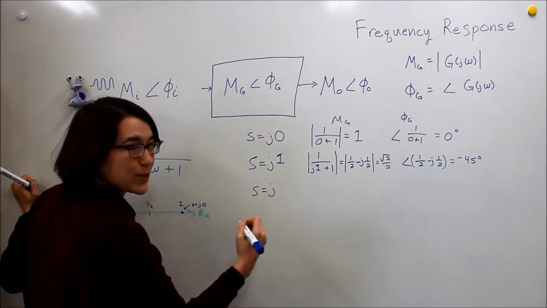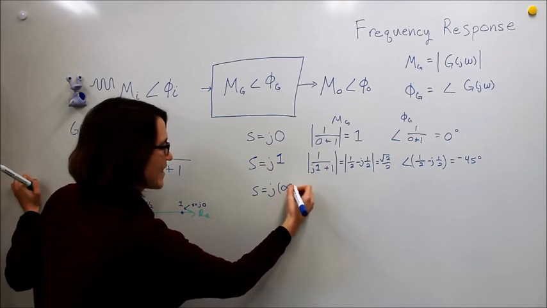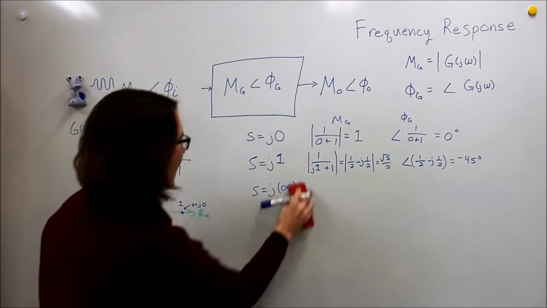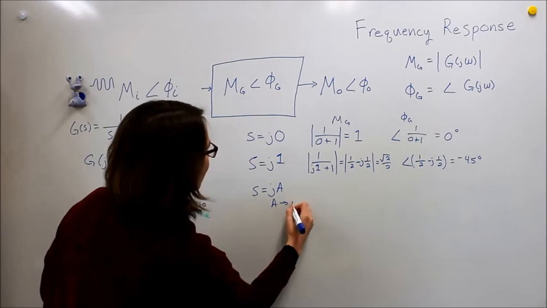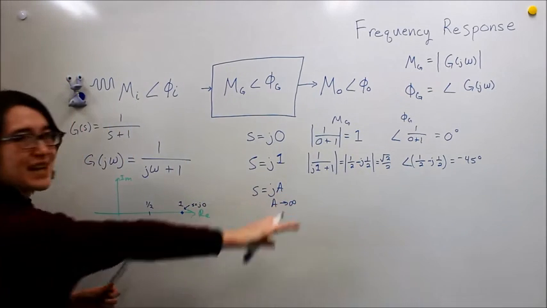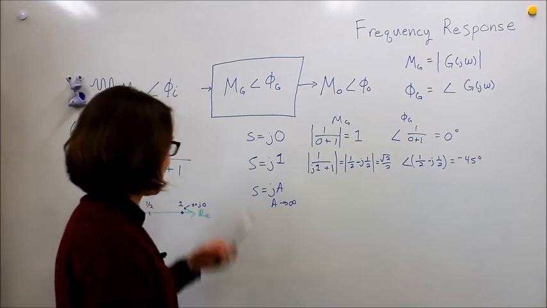This is probably not proper notation, but we're going to put in parentheses, as a goes to infinity, some value here, and we want to look at as a goes to infinity. So we're going to look at how, as you increase the frequency to infinity, how does it change?